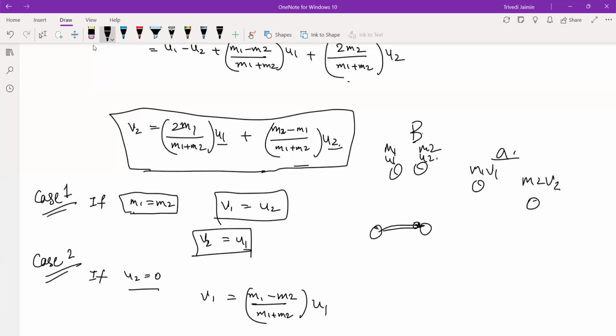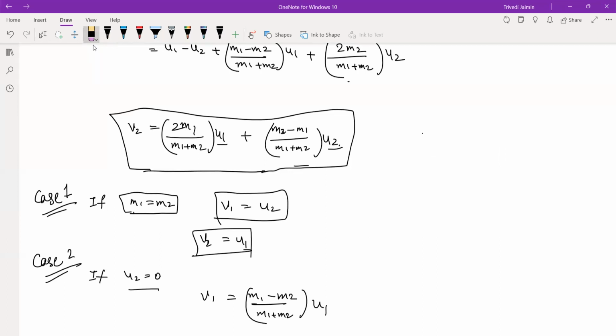That means the second ball is at rest. Means the first body goes back with the same velocity. So substitute u2 equals 0. What will happen to v1 and v2?